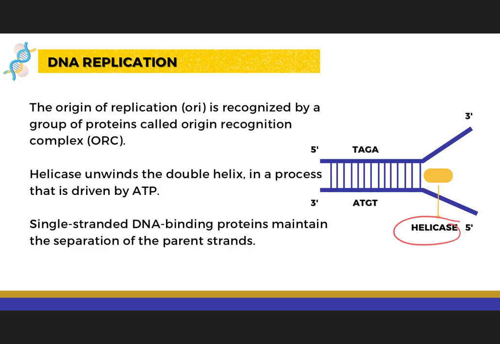So we also have your single-stranded DNA binding proteins which are going to maintain the separation of your parent strand. And also we have your topoisomerases. So these topoisomerases are going to relieve torsional strain that results from helicase-induced unwinding.